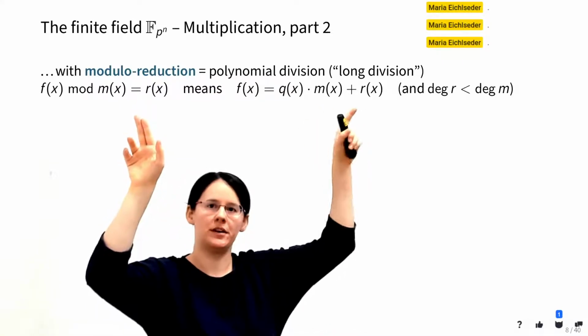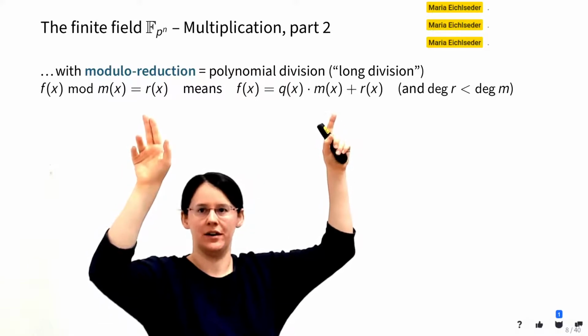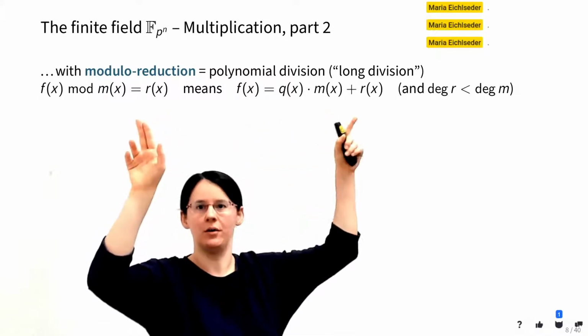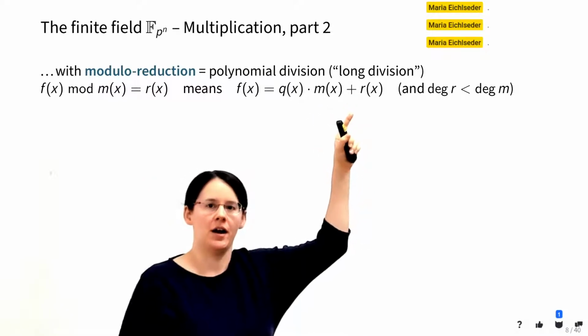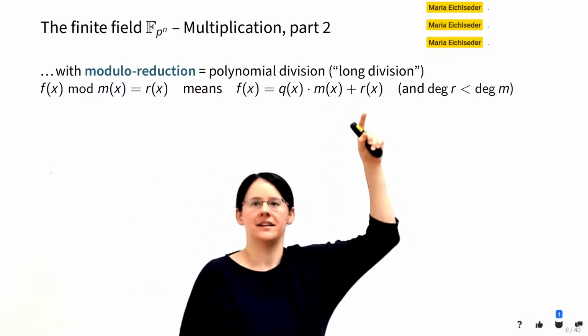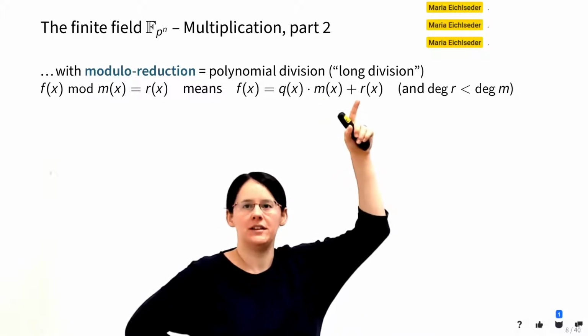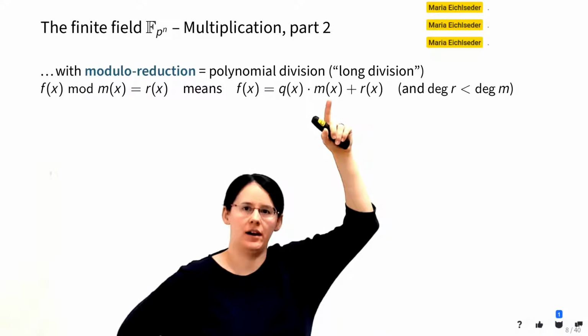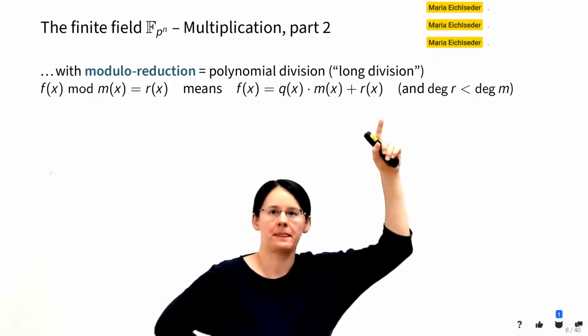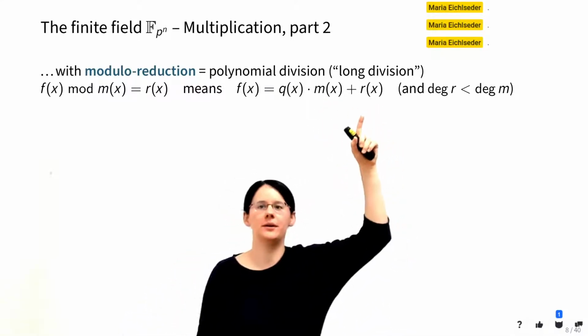This is very similar to the normal definition of modular arithmetic, right? We did a division with remainder, and the remainder was what we were interested in. It's the same here, but smaller now means that the modulus doesn't fit in here anymore. In other words, the degree of this here is larger than this. So smaller is here defined in terms of the degree of the polynomial.